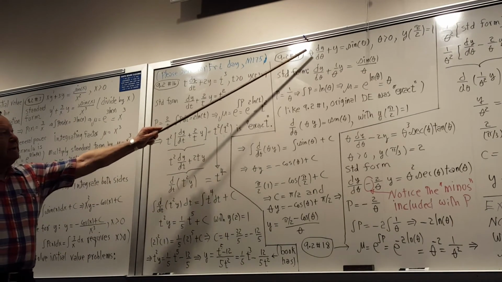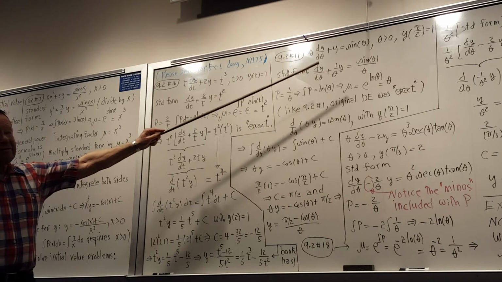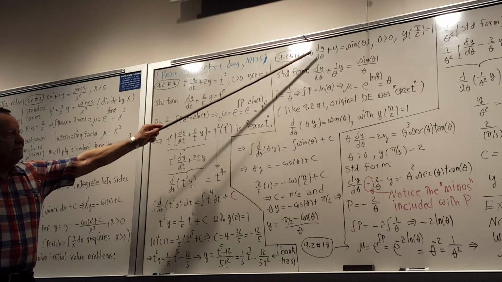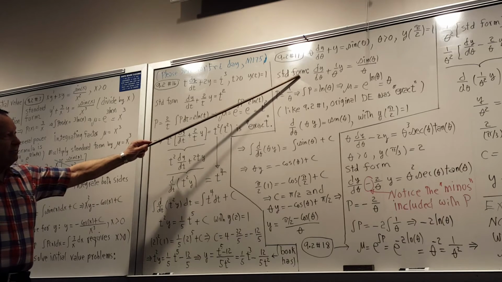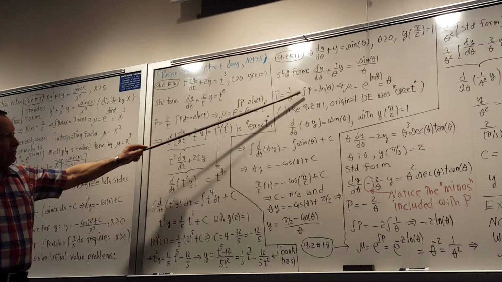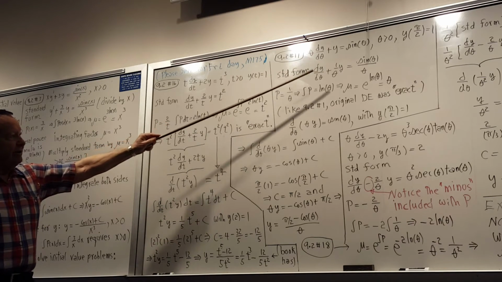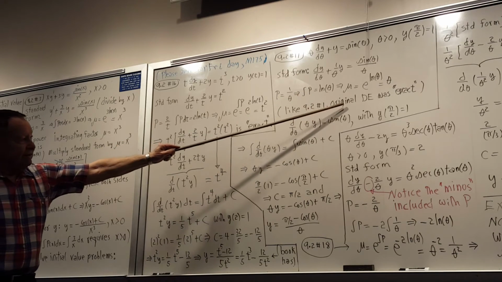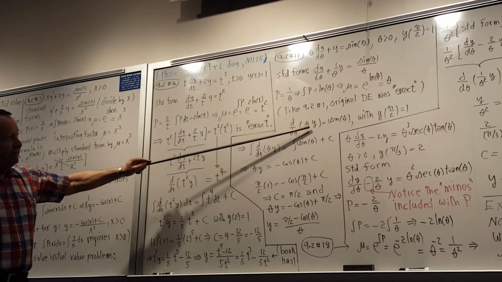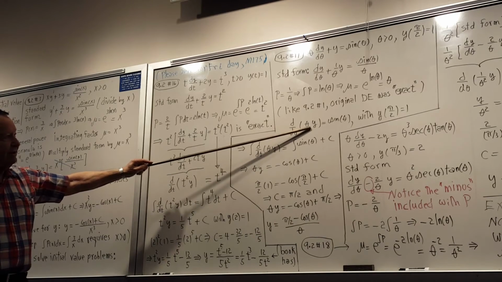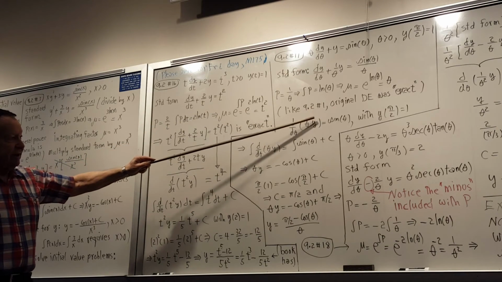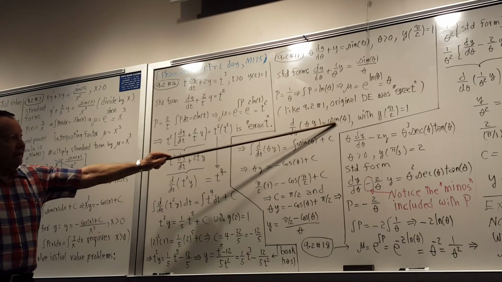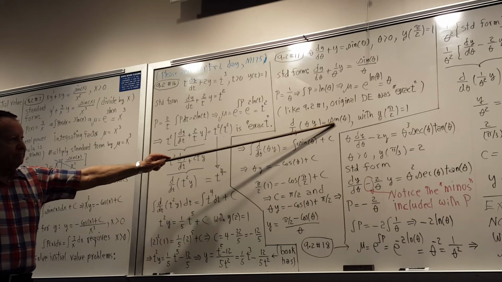So if a person wanted to do so, you could have skipped this because you could skip from here to saying that the thing is exact and that your left side is the derivative of theta times y. So that equals your right-hand side.